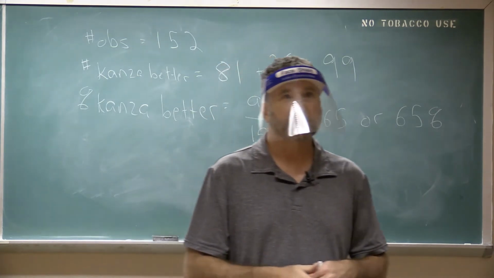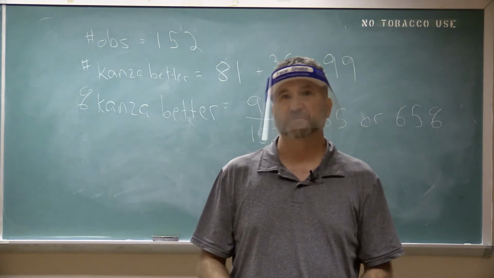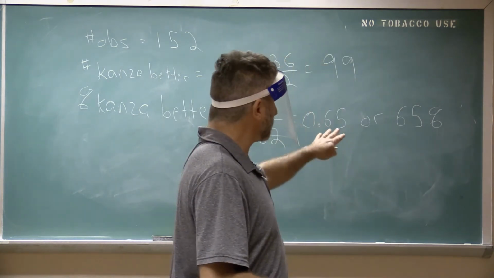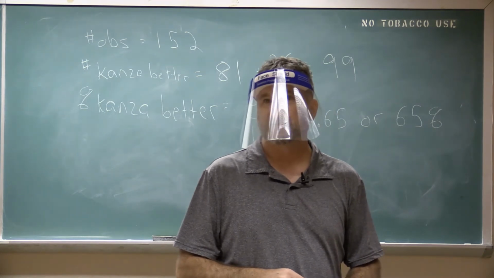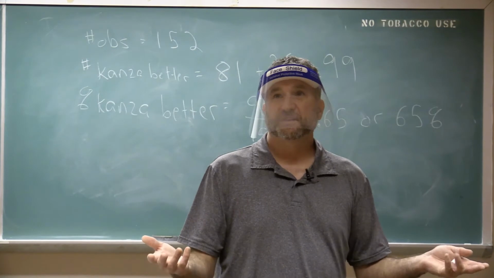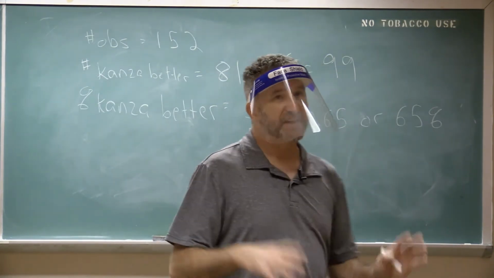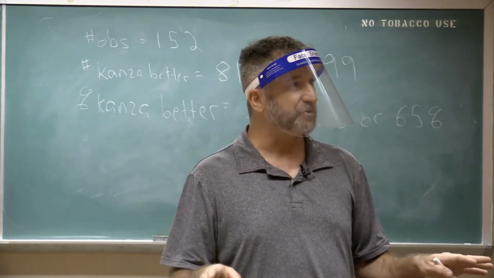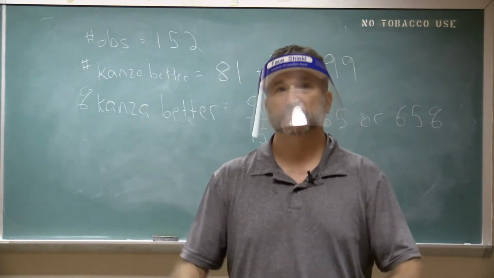We answer that by saying, if we just had them flip a coin to see which one they like better, how likely would it be that we got a number as high as 65%? And if a lot of times you find out just flipping a coin would give you 65%, you'd say that's not high enough to say the difference is real, because it could have easily happened just from randomness.